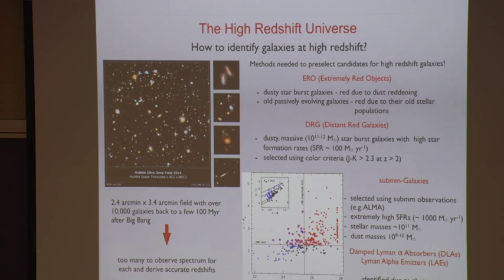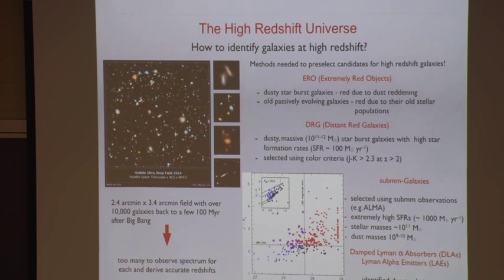And what we use to select these galaxies are these diagrams over here, called color-magnitude or color diagrams. That's where a color for an object in astronomy is the difference between the flux in two different filter bands. By definition, it's always the blue filter band minus the red.